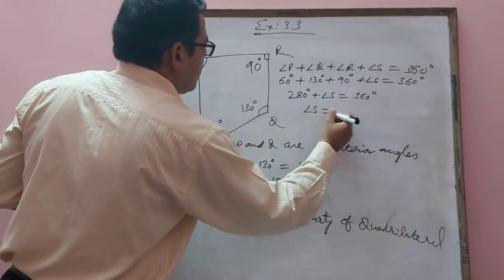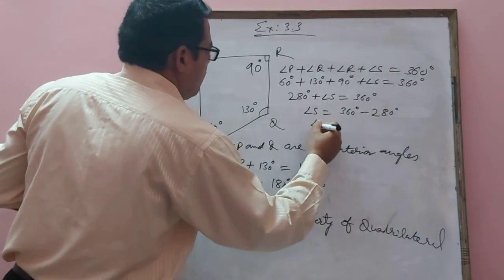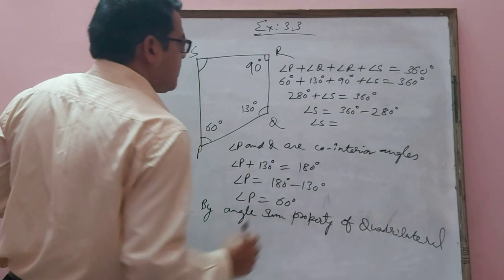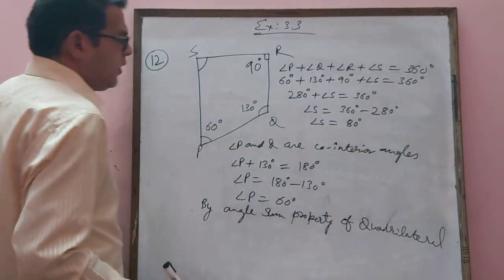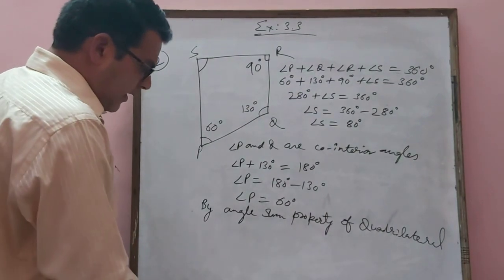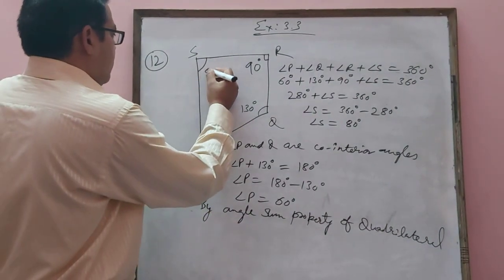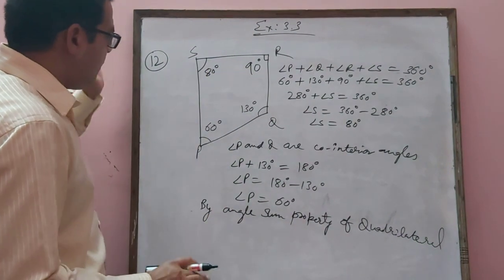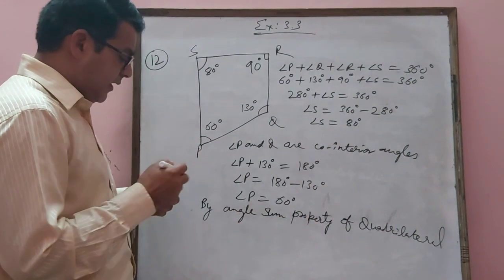Angle S equals 360 minus 280. So angle S equals, what will come after subtraction? 80 degree. So angle S is 80 degree. Right? This is 80 degree. So angle P is 60 degree. Angle S is 80 degree.